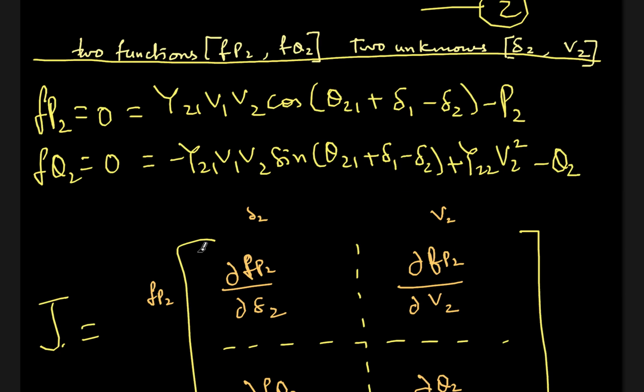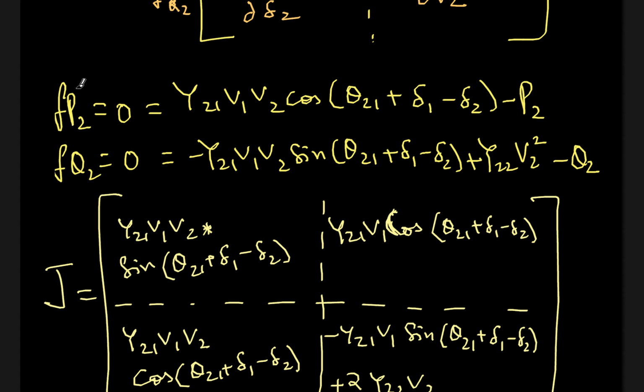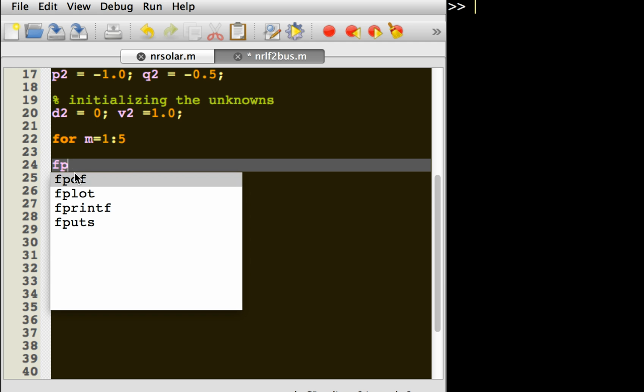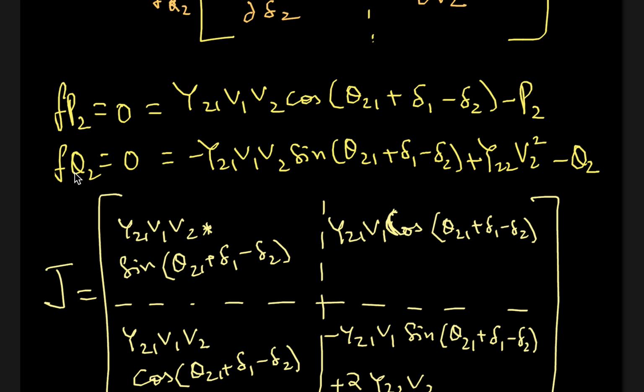If I go down to the last section, I have the function values fp2 and fq2. These two function values I'll define here. So fp2 equal to and then fq2 equal to. These two functions I already wrote down.